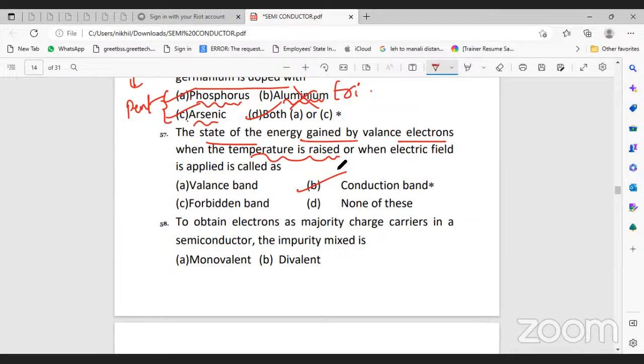By giving heat energy. By raising the temperature, you can take the electron to the outermost orbit, that is the conduction band. So option B is the right answer.